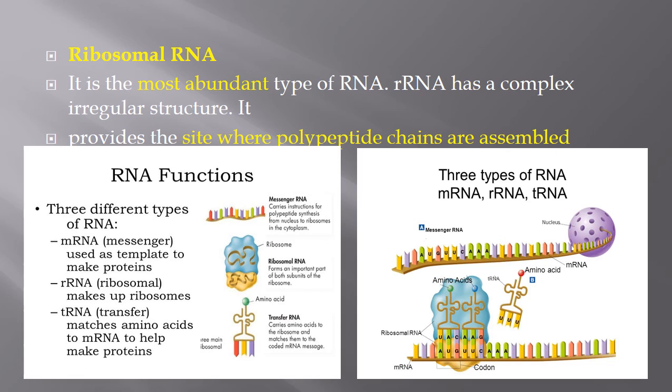Here you find two tRNAs already at the site of protein synthesis, and they are matched: the anticodons are matching with the codons on the mRNA. You find AUG, so protein synthesis has started here, and they bring the amino acids, and the polypeptide chain is formed. So all these three RNAs are involved in protein synthesis.